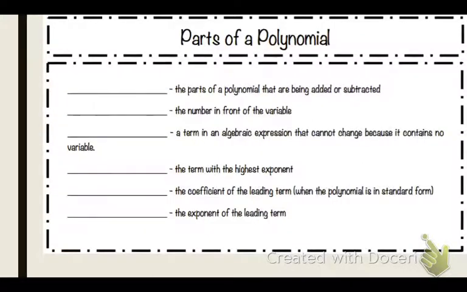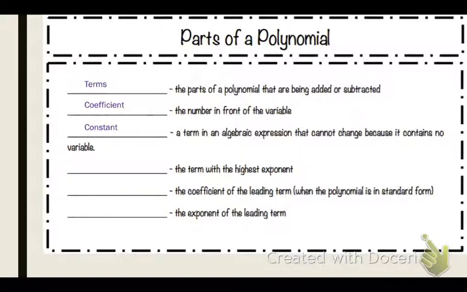Okay, a few more definitions. The parts of a polynomial that are being added or subtracted, those are the terms. The terms are what are being added or subtracted. The number in front of the variable is a coefficient. So say you had like 4x squared, 4 would be the coefficient for that term. Okay. A term in an algebraic expression that cannot change because it contains no variable is the constant.